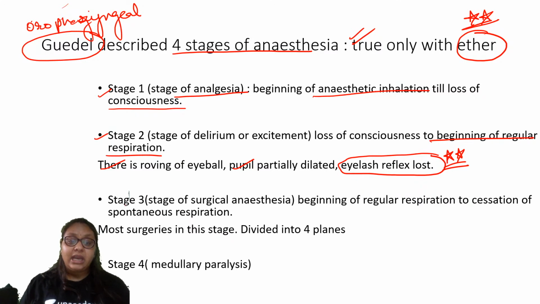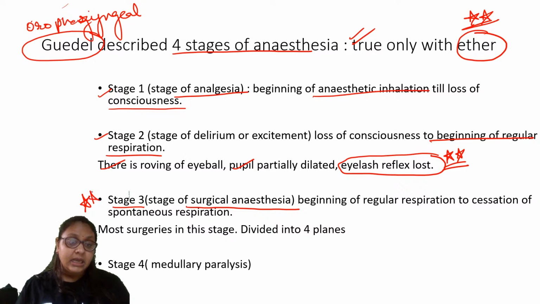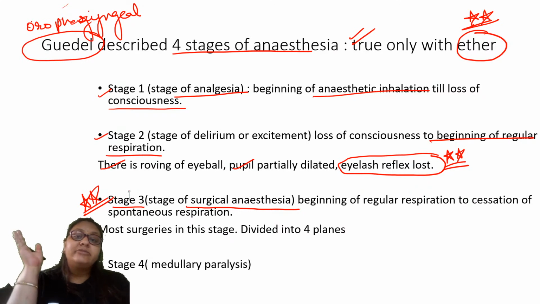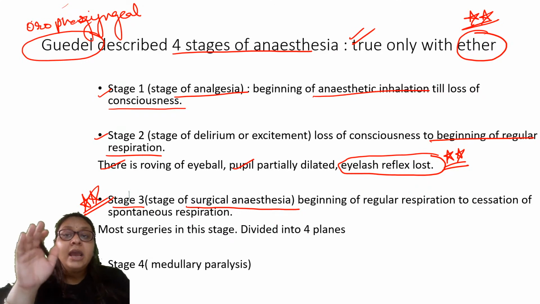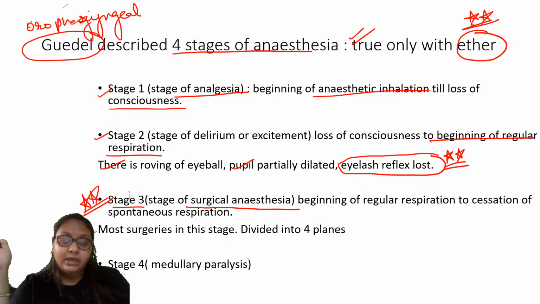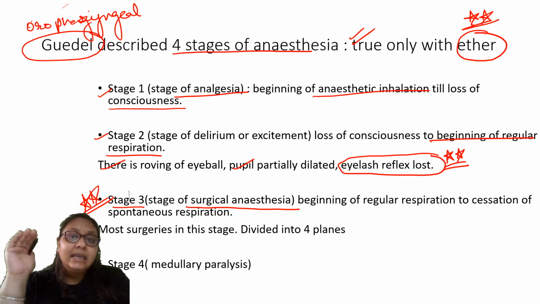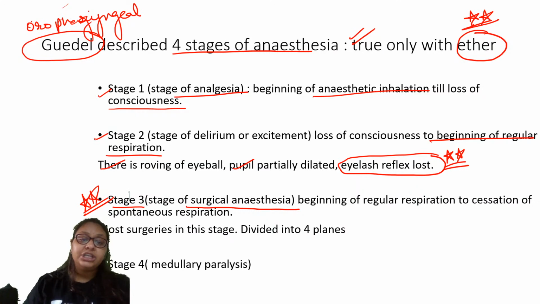About stage 3, that is the stage of surgical anesthesia. Remember stage 3. It is the stage of surgical anesthesia in which we perform the surgery, and that is from regular respiration till cessation of the spontaneous respiration. And this in turn is divided into planes.